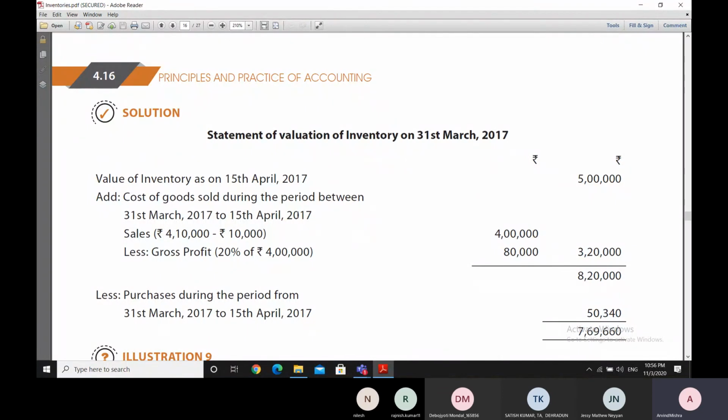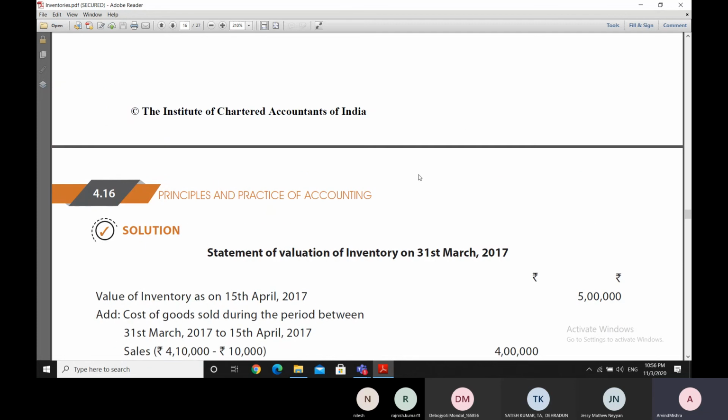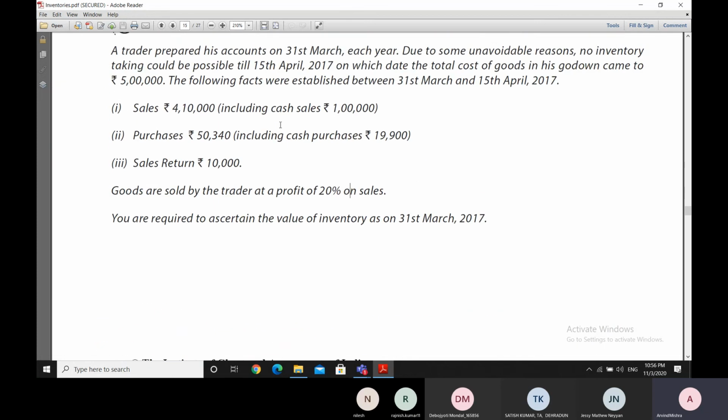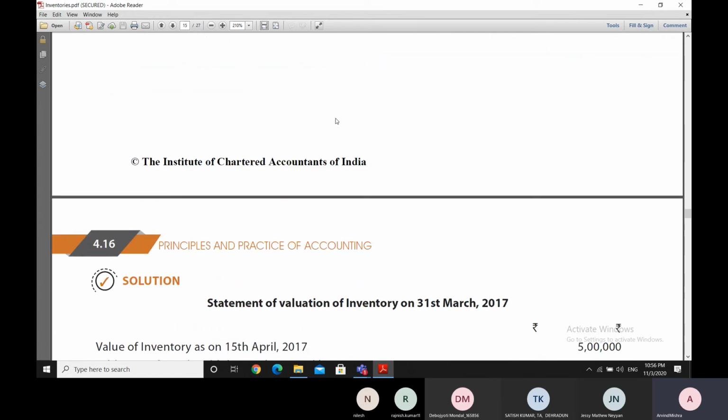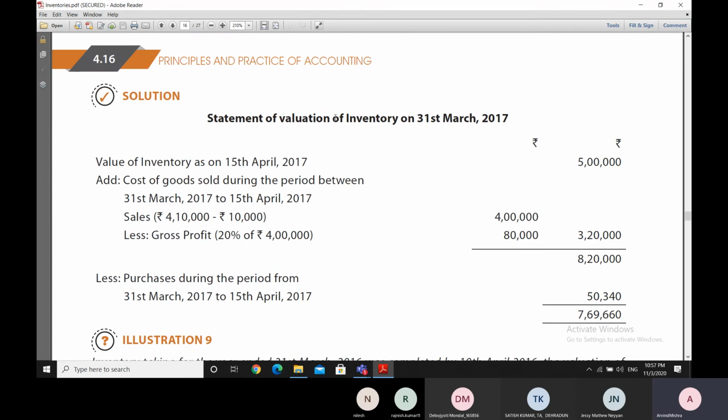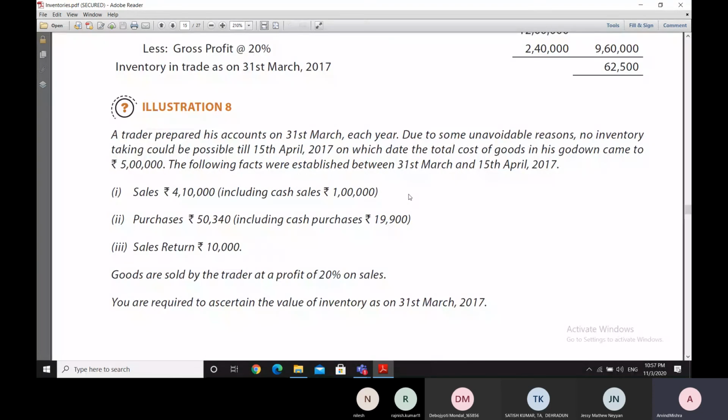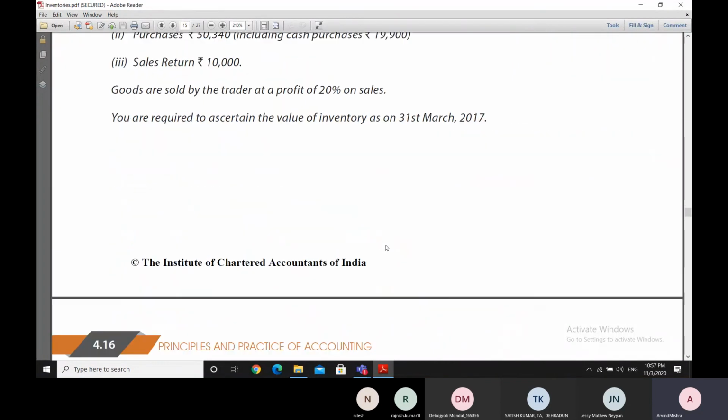The cost of the goods sold is calculated by taking the sales: 4,10,000 minus 10,000. This minus 10,000 is coming from the sales return.